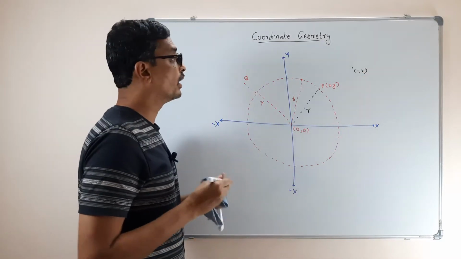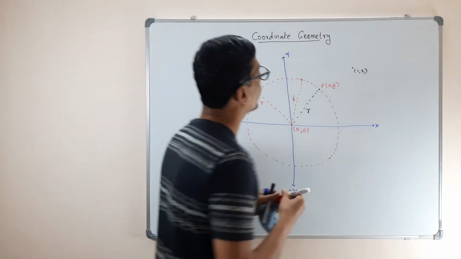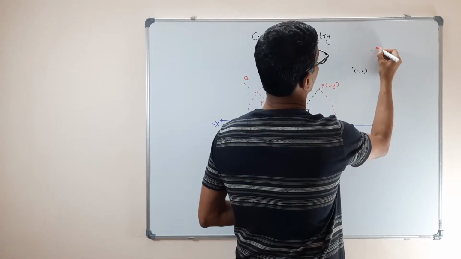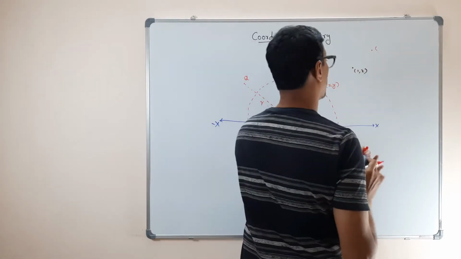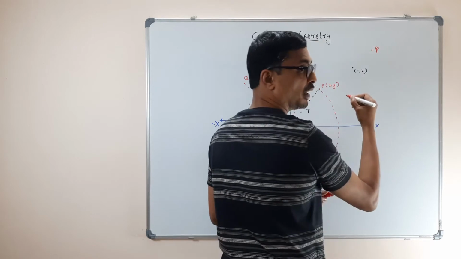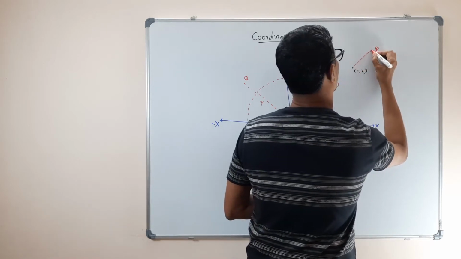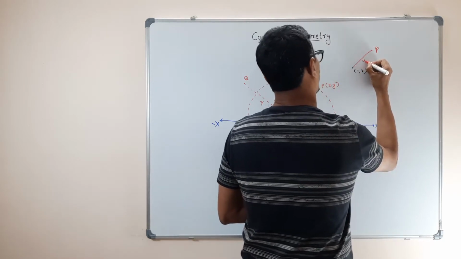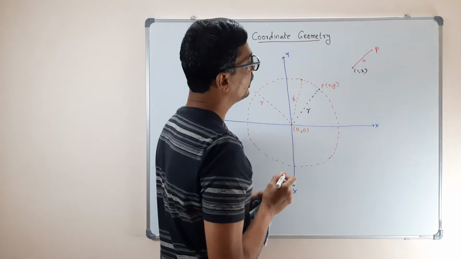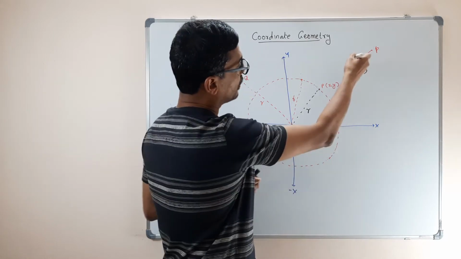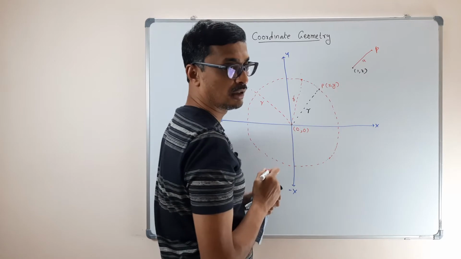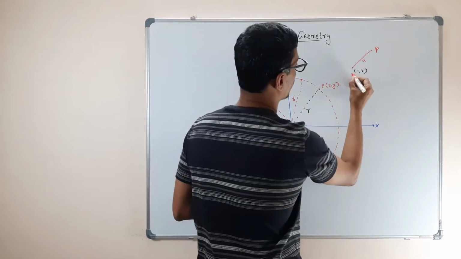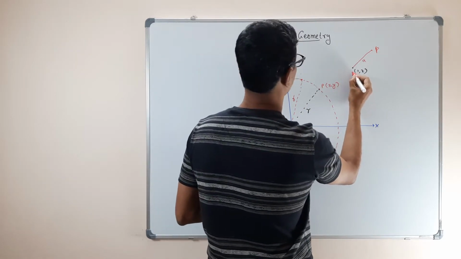I am drawing another point, which I will define as a small p. This distance is something different, say A. Now I am asking, can you draw one more point at the same distance A from this point?